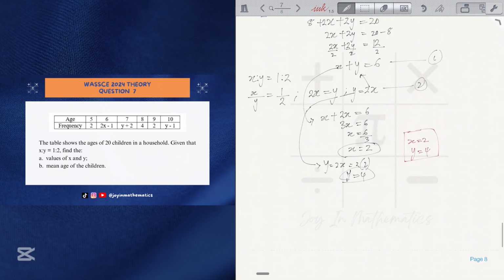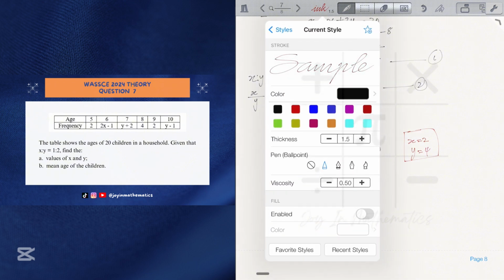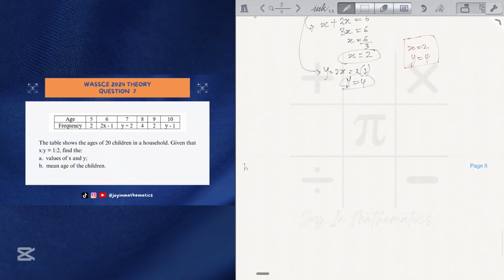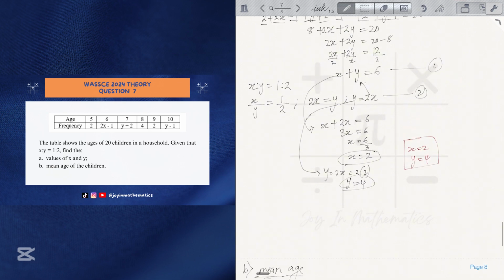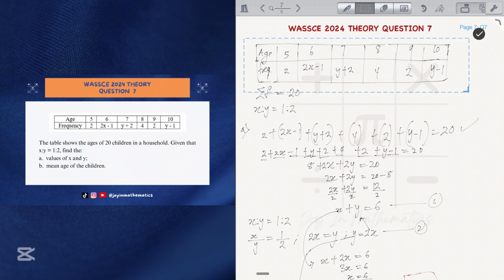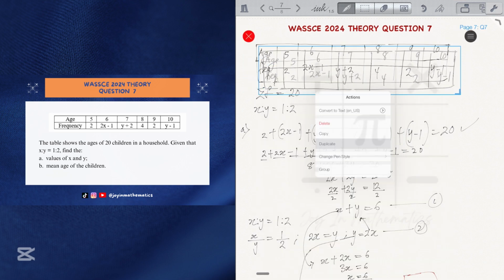Now moving on, we are asked to find the mean age. That's question B, the mean age. Now to fully grasp this question, we have to duplicate this table. Okay, let's duplicate this table and move downwards.